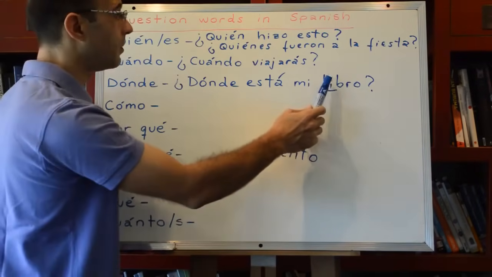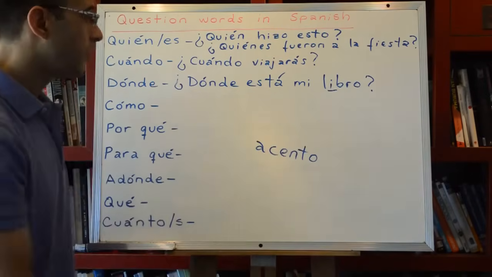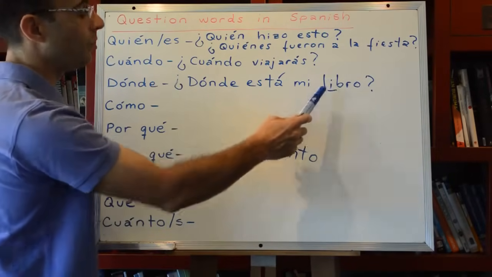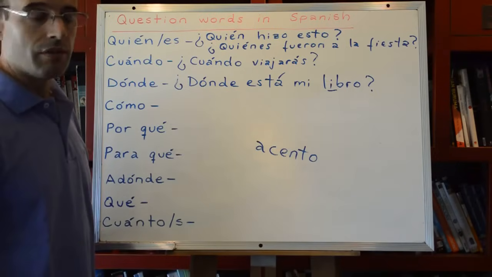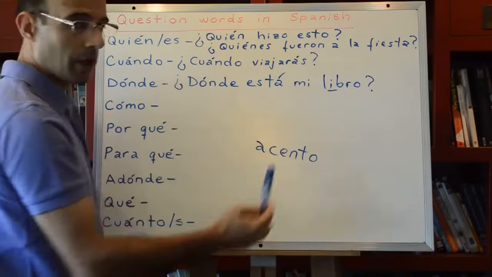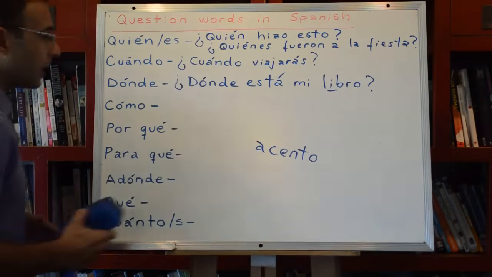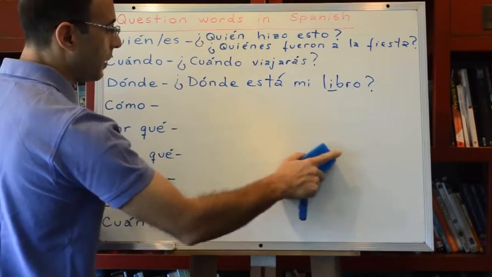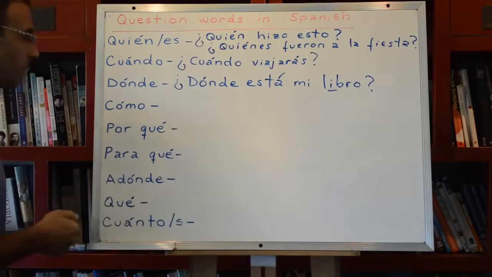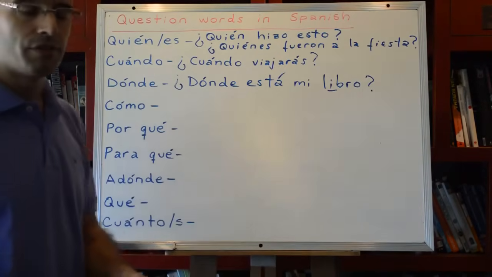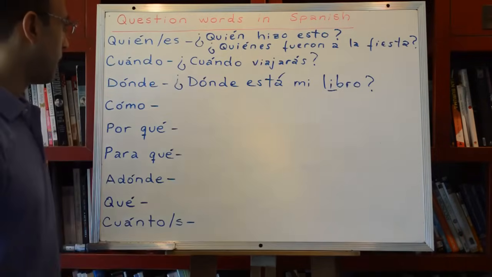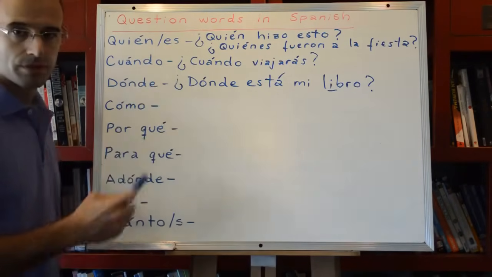The stress is on letter I, right? So here is the acento of the word, even though there is no tilde. Okay? So I'm explaining this for you to see that in Spanish, acento is not the same thing as accent in English. Very similar, but not exactly the same. And this is tilde in Spanish.